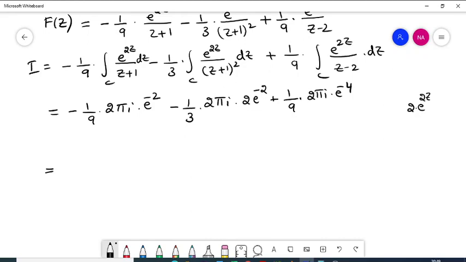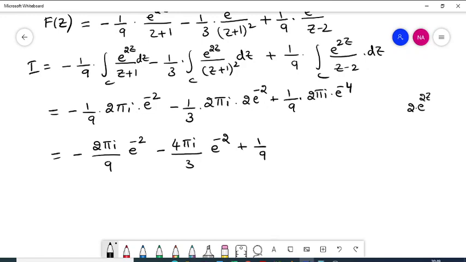So we get minus 2 pi i by 9 e power minus 2, minus 4 pi i by 3 e power minus 2, plus 1 by 9 into 2 pi i by 9 into e power minus 4.